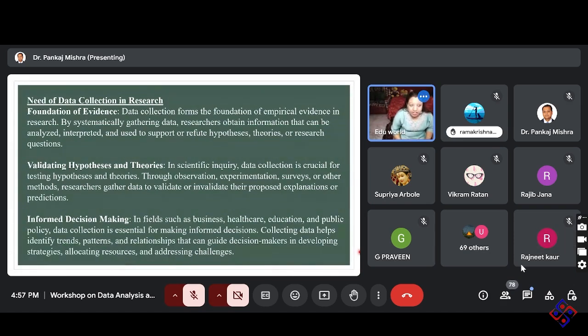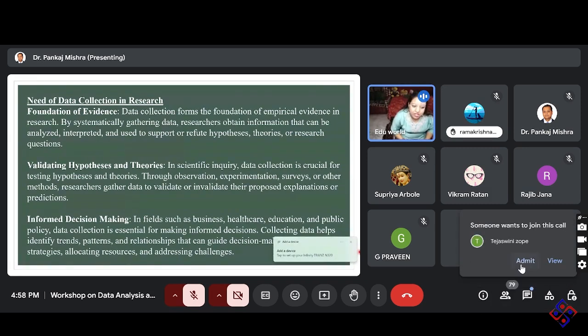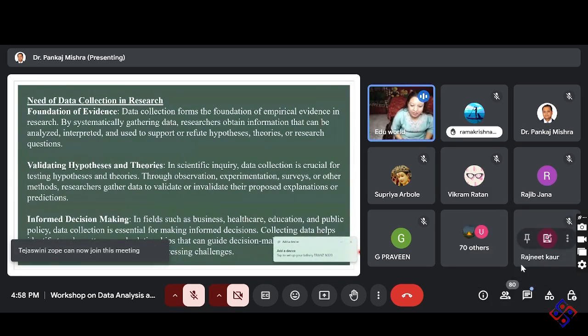Now, in many studies, I have seen that people are framing hypotheses, but whenever they are testing those hypotheses, the results they have generated from the study are not related to the hypothesis. Why? It's because you are finding something based on mean and median. Whatever results you are getting are related to mean and median, and further to the standard deviation.